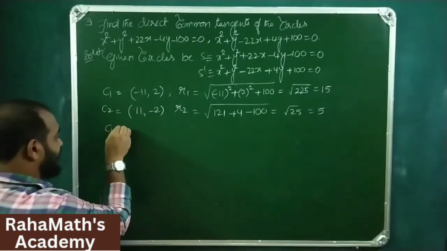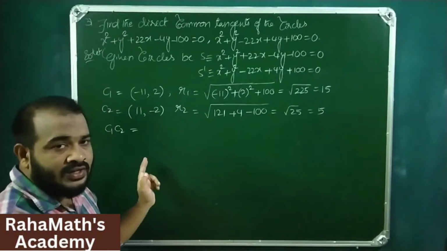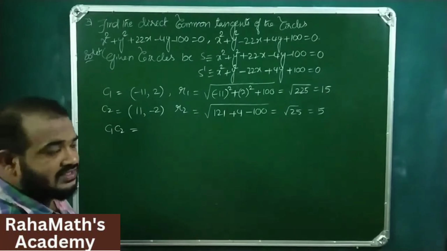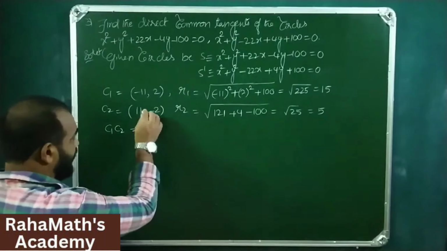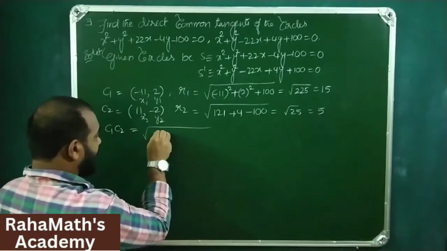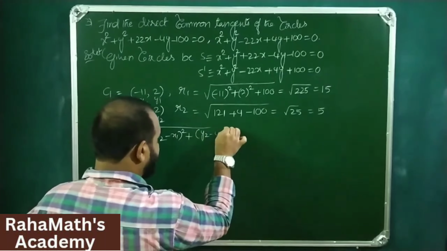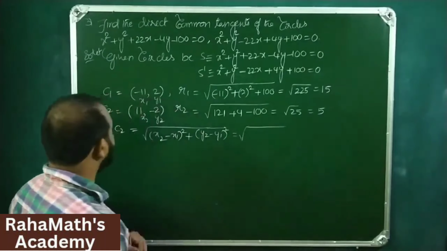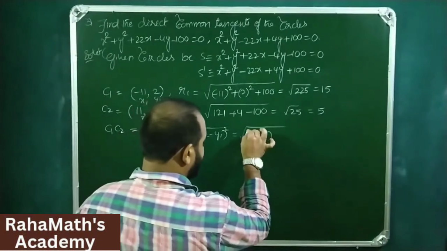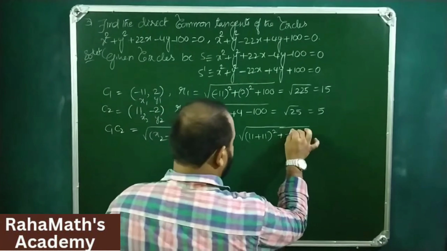So let us find C1C2. What is C1C2? The line joining the two centers of the circles. So C1C2 is the distance between them. So with x1, y1 and x2, y2, square root of x2 minus x1 whole square plus y2 minus y1 whole square. So this equals 11 minus of minus 11, 11 plus 11 whole square plus minus 2 minus 2 whole square.